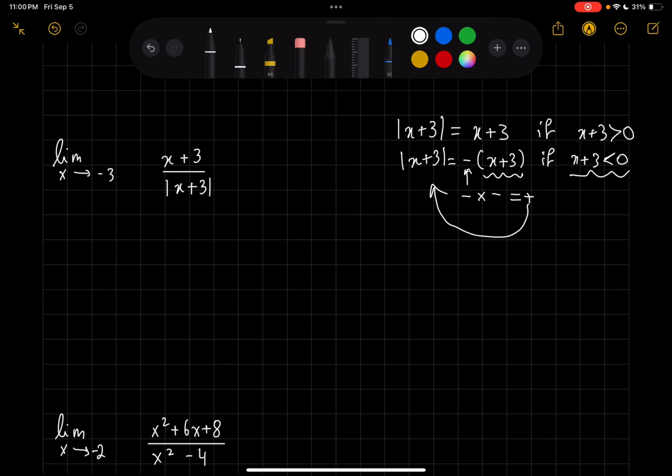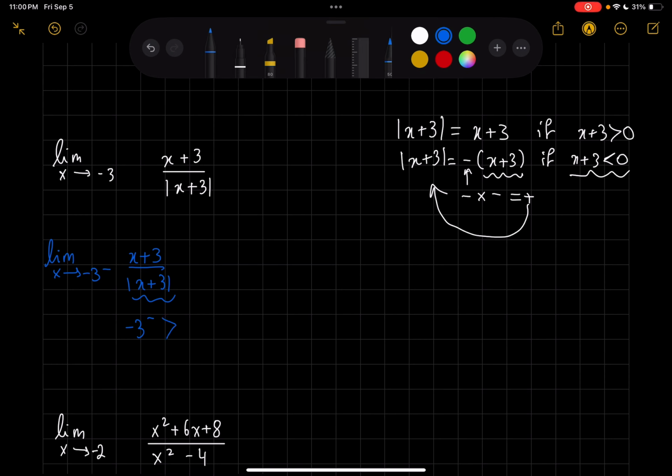So now, if we are studying it from both sides, so limit as x is going to -3 minus for x plus 3 over absolute value of x plus 3. -3 minus is smaller than -3. So let's focus on the denominator over here.